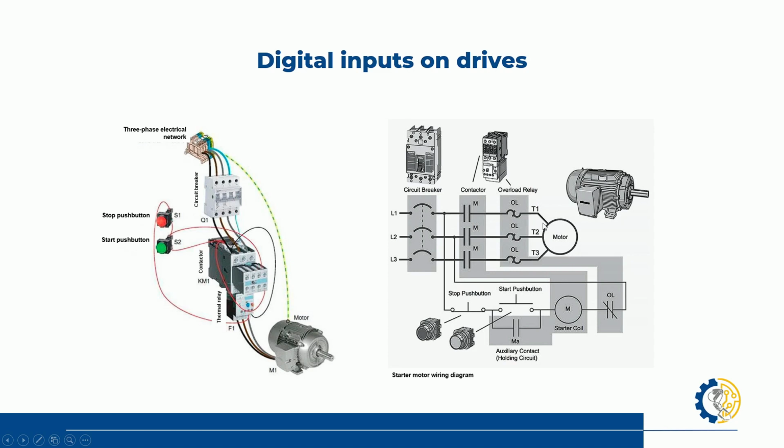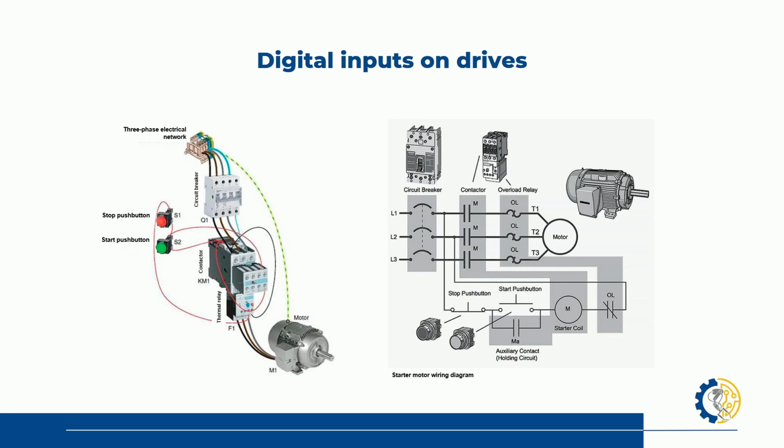Now here on this side we have our motor. Okay, so here we have our electrical connections for our stop button and start button. Now, this may be very simple for all of you because you have probably already seen this in your electric circuits. But anyways, I'm going to explain this to you.